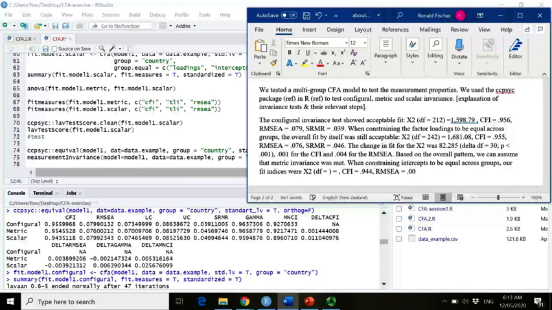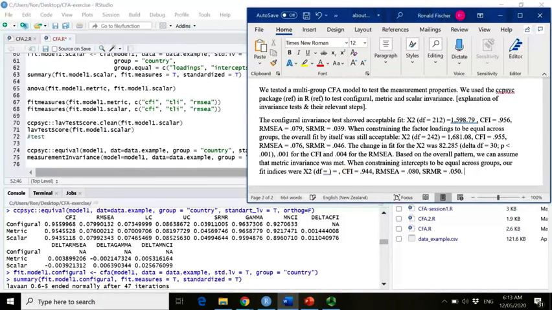It's actually, if we round it, 0.08, and SRMR is 0.0499. So basically 0.5 again here.